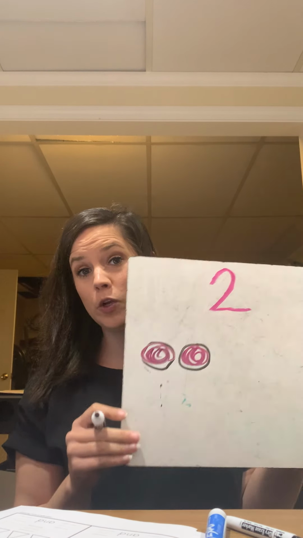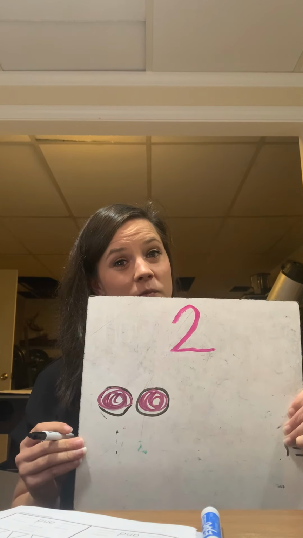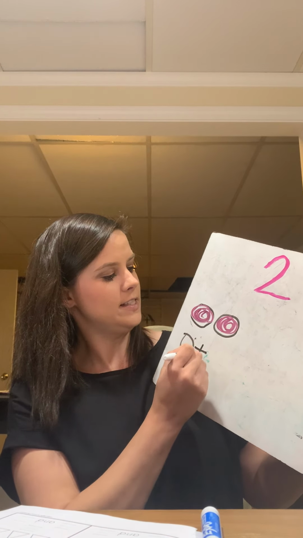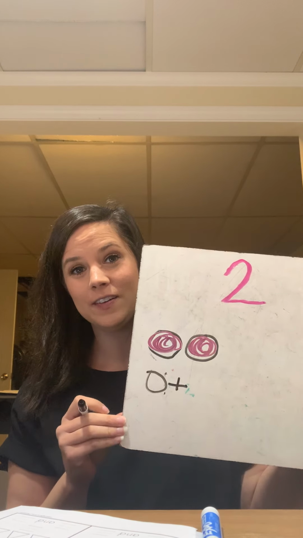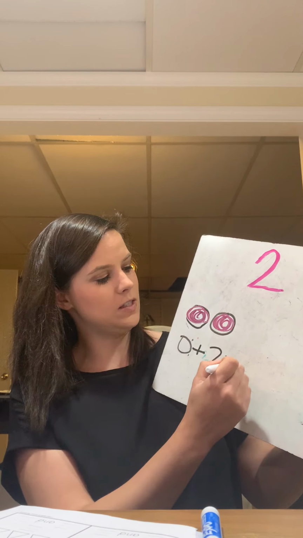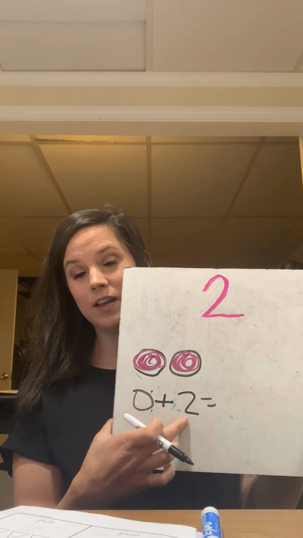So how many blue do I have? 0 blue plus how many purple? 2. And that equals 0 plus 2 is 2.